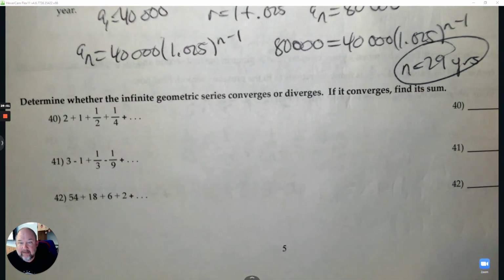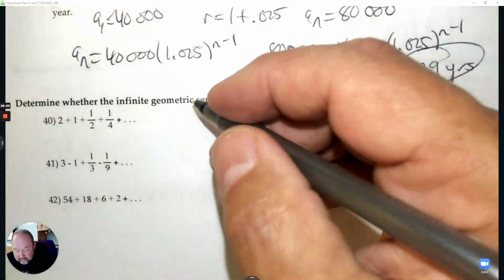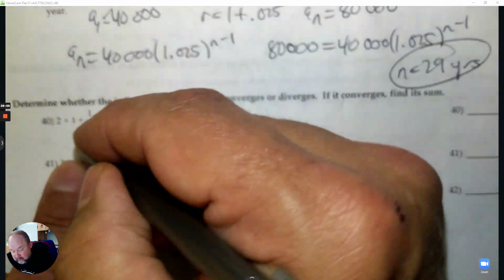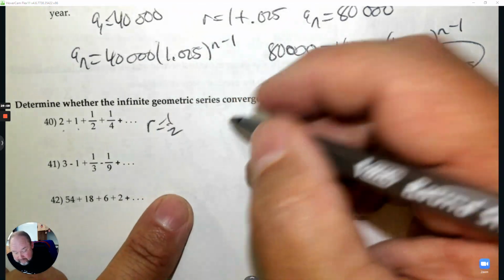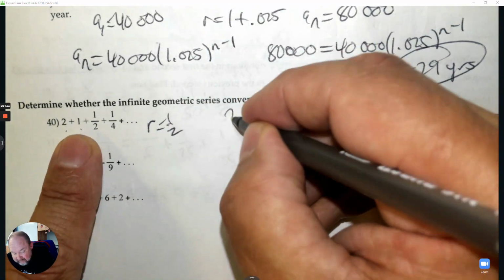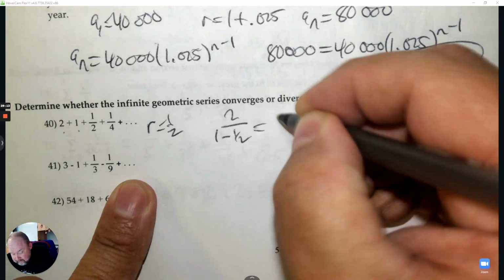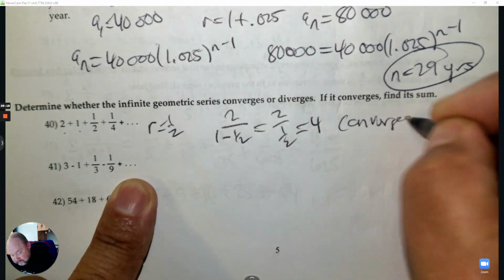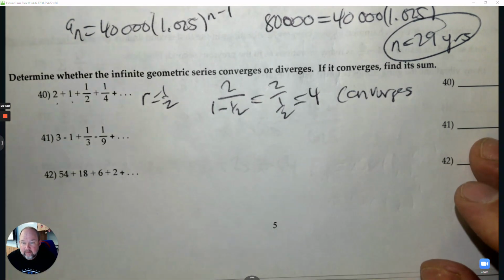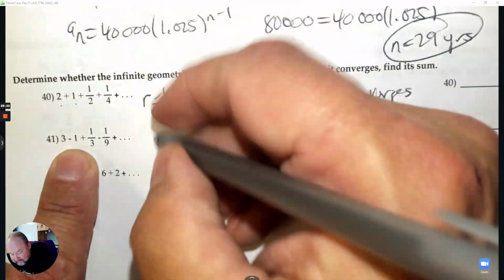All right, determine the infinite series. Does it converge or diverge? So R here, if I go 1 divided by 2, it's 1/2. That means it converges. And we have a formula, which is A1 over 1 minus R. So this converges to 4. Here, again, divide. I get negative 1/3.